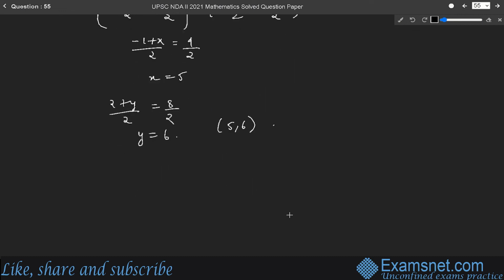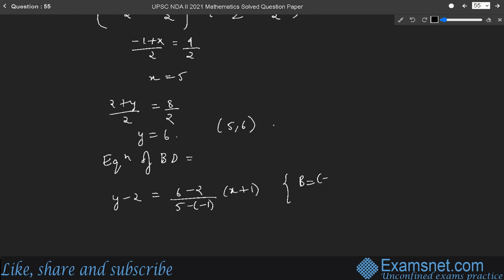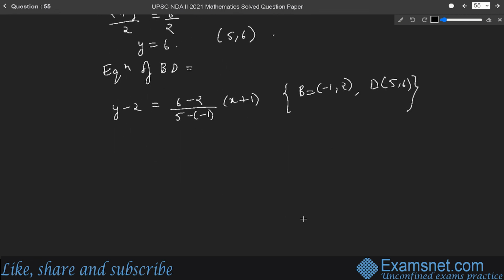Therefore, the equation of diagonal BD will be y minus 2 is equal to (6 minus 2) upon (5 minus (minus 1)) into (x plus 1), where B is (minus 1, 2) and D is (5, 6). So according to these values, this will be the equation.